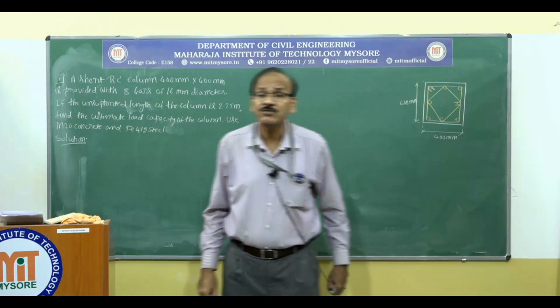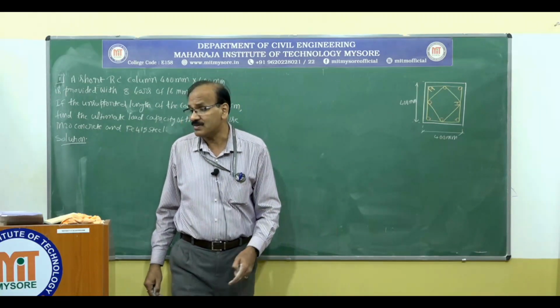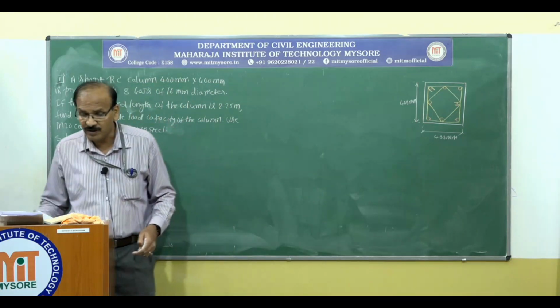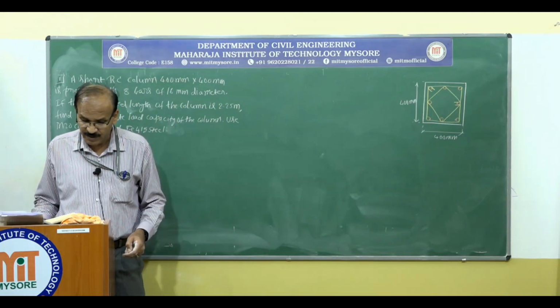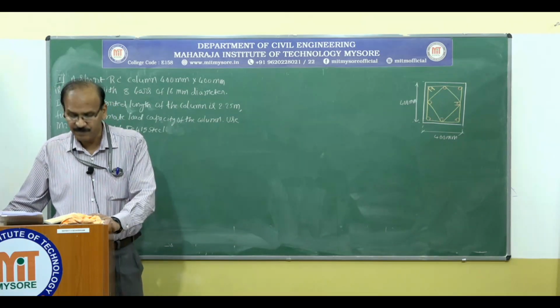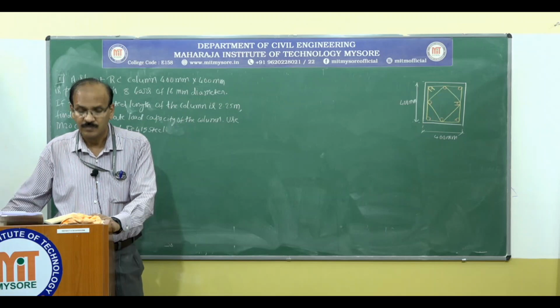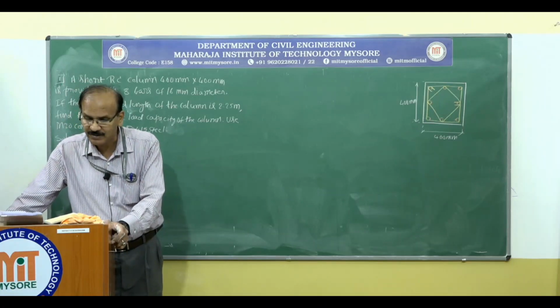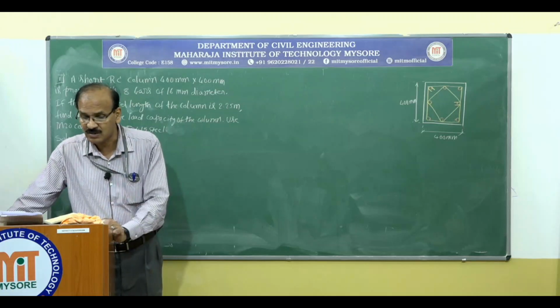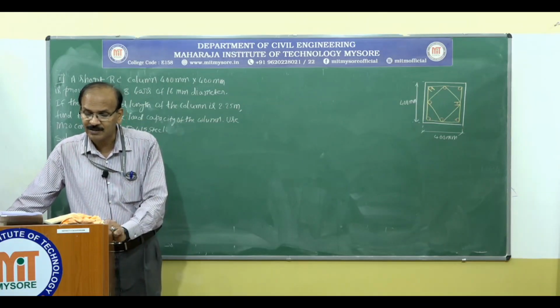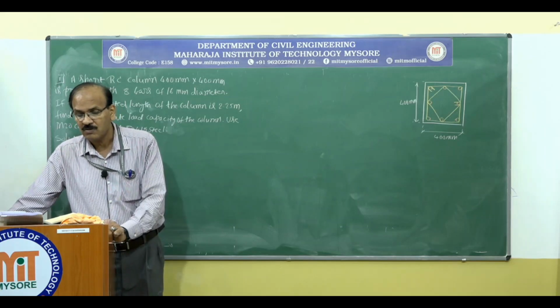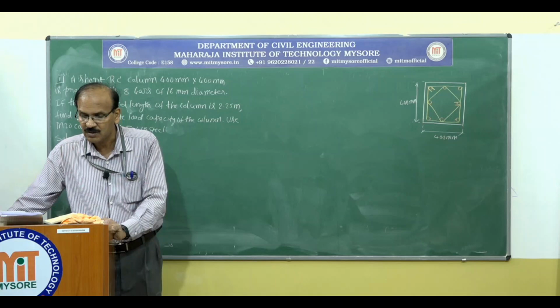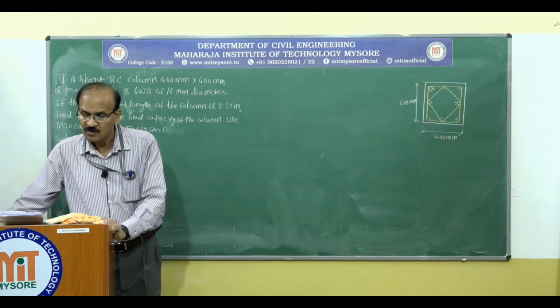So the first thing we need to do is check for the minimum eccentricity. So please open page number 42, clause 25.4 of the code book. I am going to read that paragraph. All columns shall be designed for minimum eccentricity equal to the unsupported length of the column divided by 500 plus lateral dimension divided by 30, subject to a minimum of 20 millimeter.